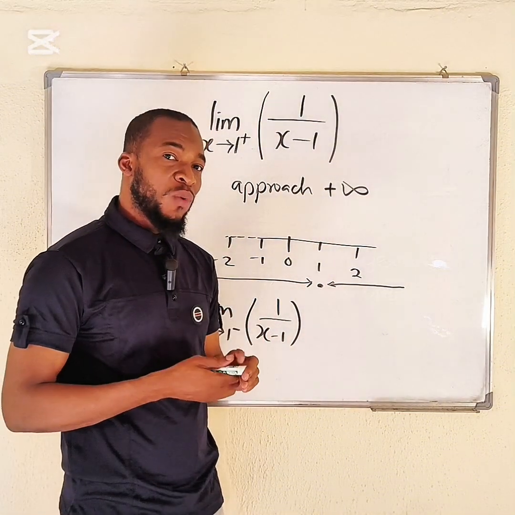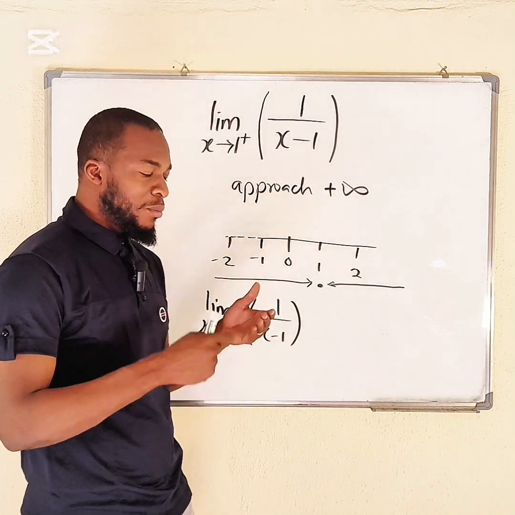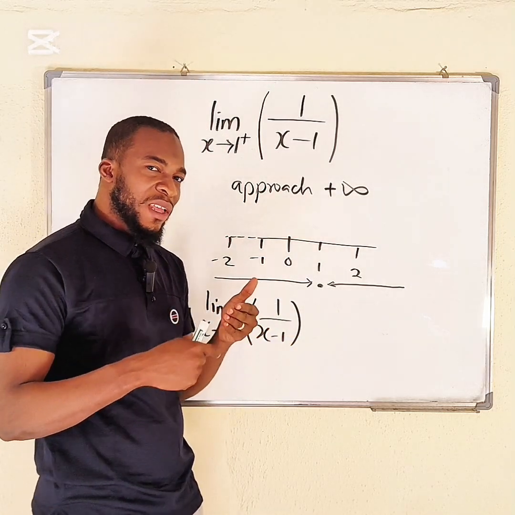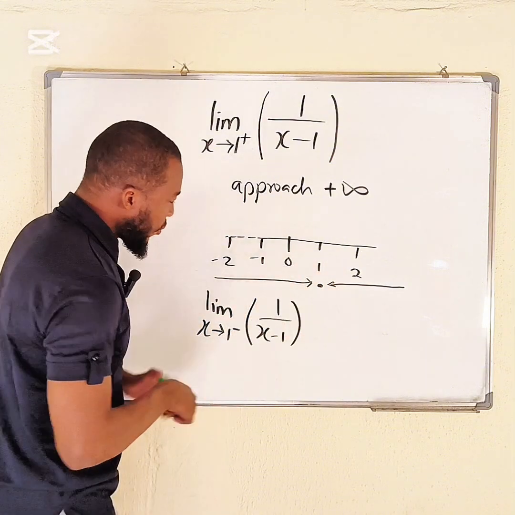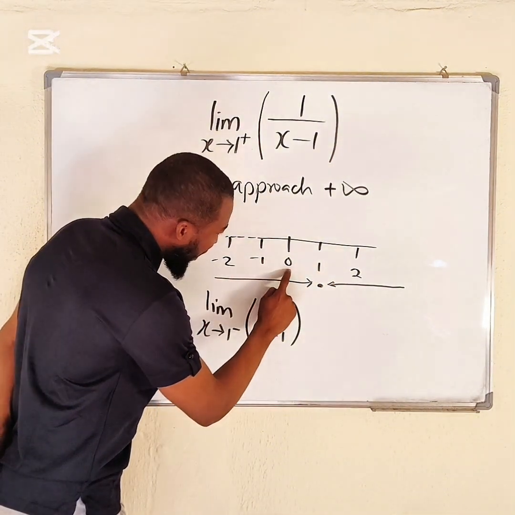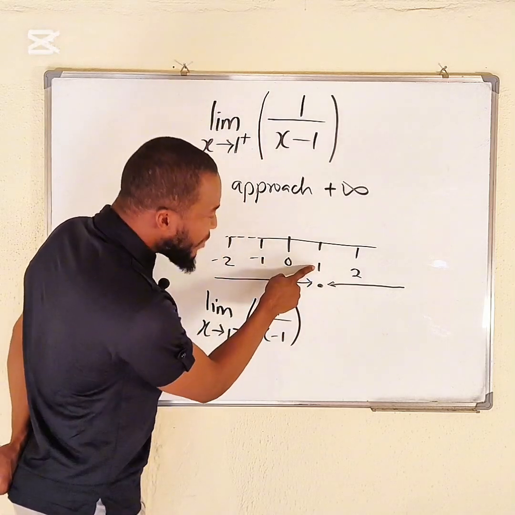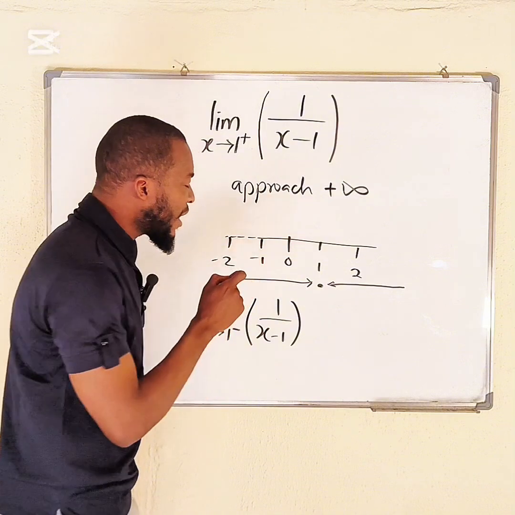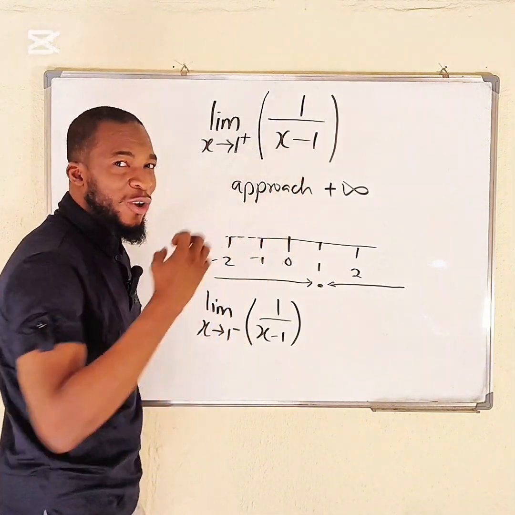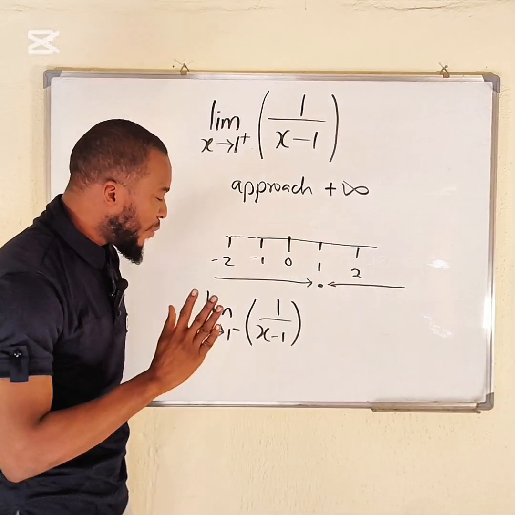Remember, when we say limit, we don't mean exactly that value. Limit means what? Those values that keep on approaching, but not exactly 1. So you can see that all these values are less than 1, including that very close number. Let me say 0.99999 is less than 1. So once you take that number, you subtract 1, you're going to get a negative value. Already the top is positive, so we have no problem with that.